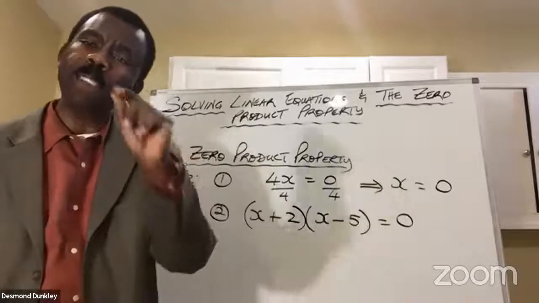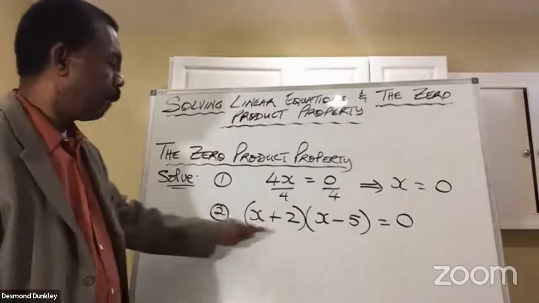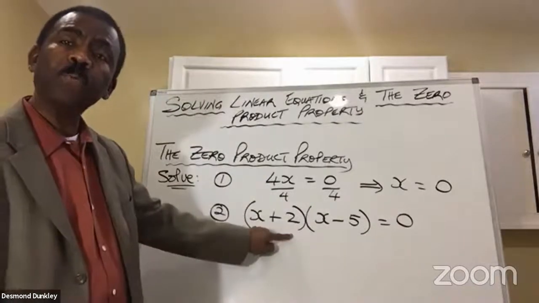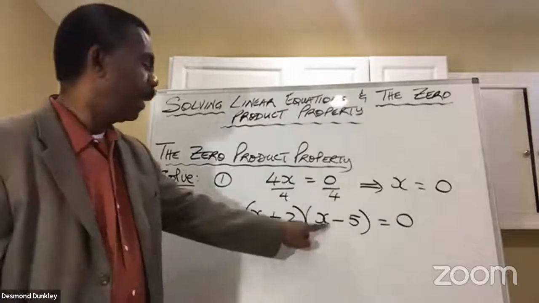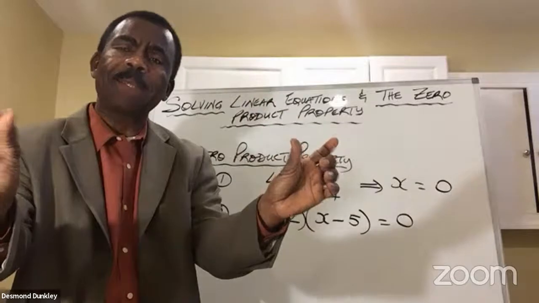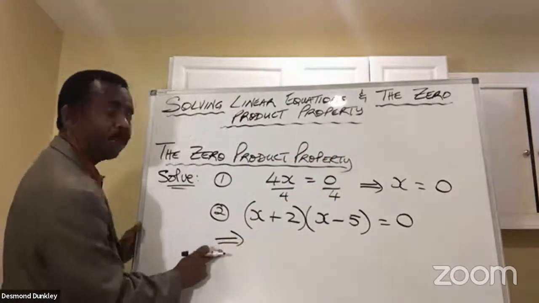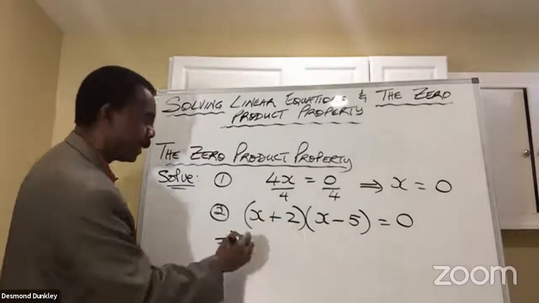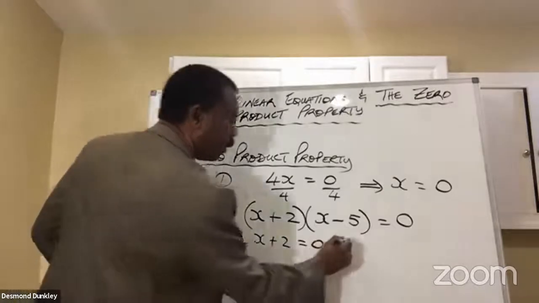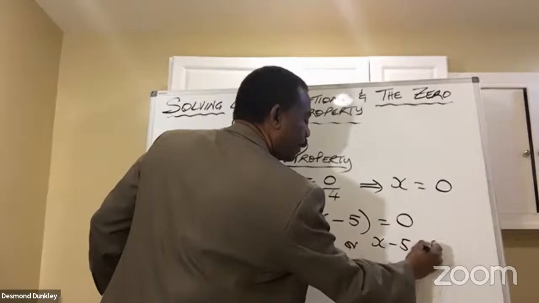Whereas if they remember the zero product property, this is saying this is a product, this multiplied by that gets 0, so therefore x plus 2 must be 0 or x minus 5 must be 0, and you solve each by itself. So you could say this implies that x plus 2 is equal to 0 or x minus 5 is equal to 0.